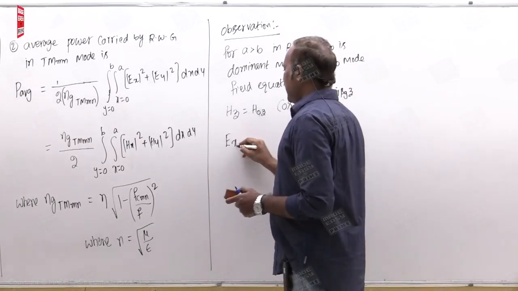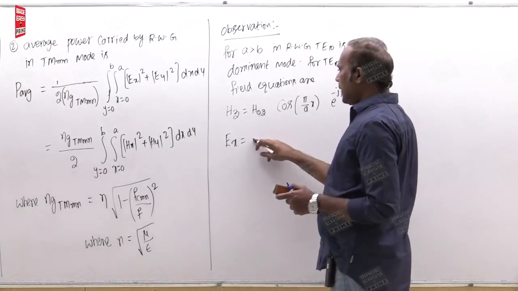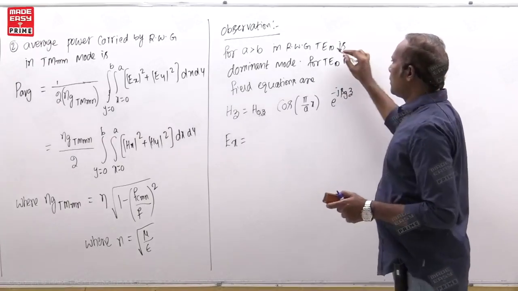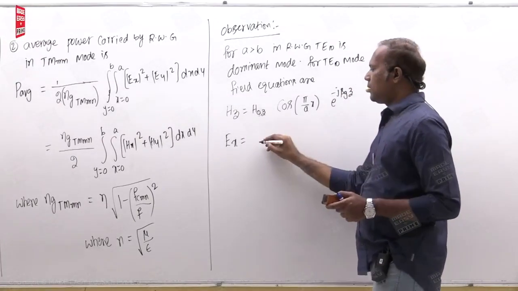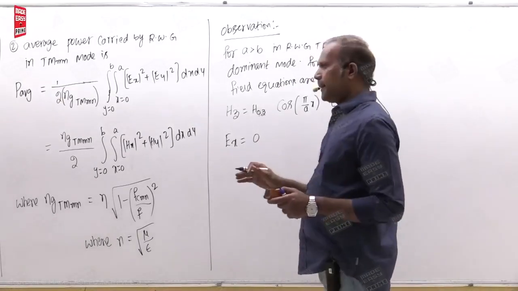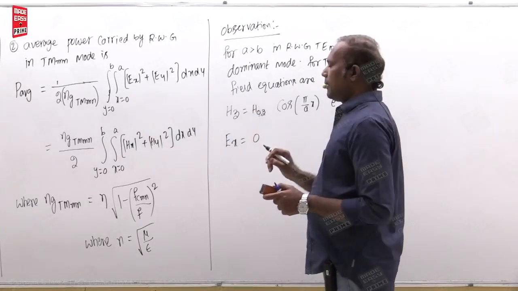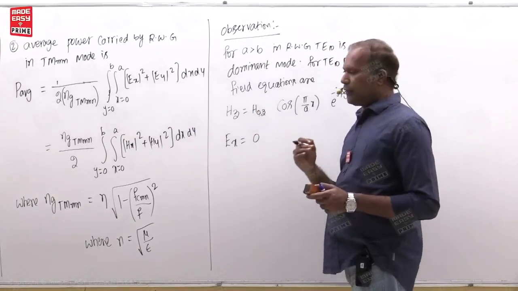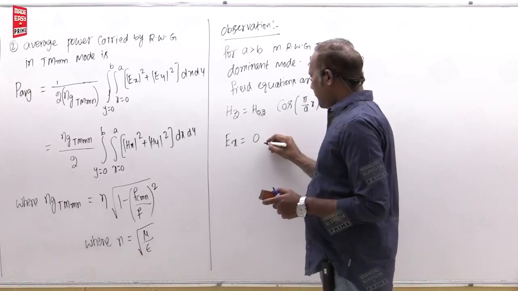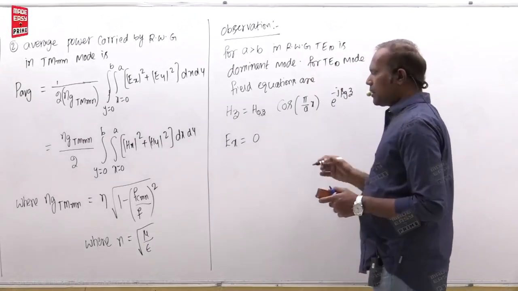Next, electric field x component has E0x into cos and sine. If you put n equal to 0, then this becomes 0. Already we have studied this while drawing the field configurations. Then I told you, if electric field x component is 0, automatically magnetic field y component becomes 0.